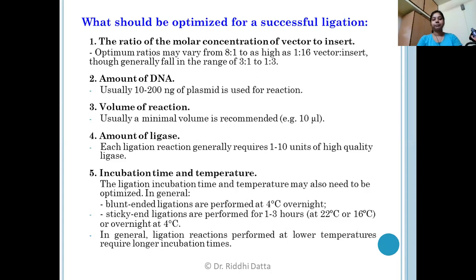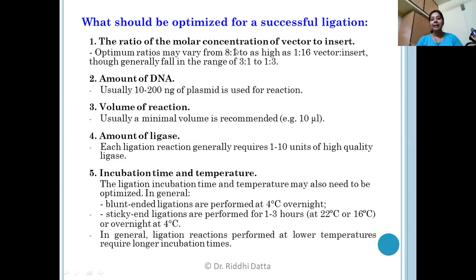Okay, so this ligation reaction is one of the most tricky steps in gene cloning because this is a chance factor. So for every cloning step, we need to optimize the proper ligation reaction condition. And while optimizing this ligation reaction, we must keep in mind that we can look at 5 different factors. What are they? First and most important one is the molar ratio between the vector and the insert.